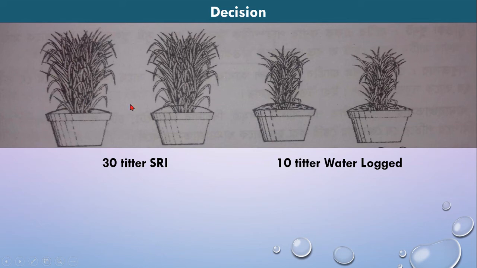Here you see these 2 tubs have got 30 tillers, but remember we transplanted only 1 seedling. The tiller number is higher because we provided the AWD method and organic fertilizer, etc. But in the traditional method there are only 10 tillers, which is not good for production. That means less production in waterlogged condition, the traditional method, and more production in the SRI method.